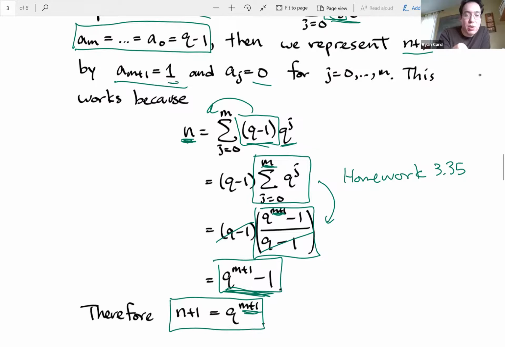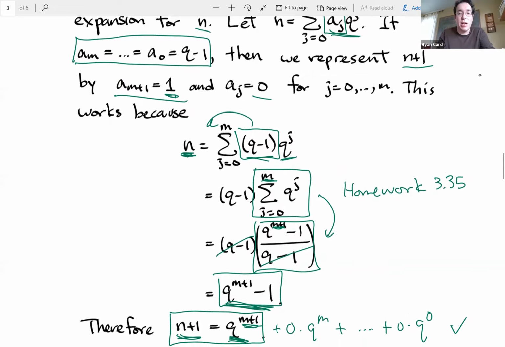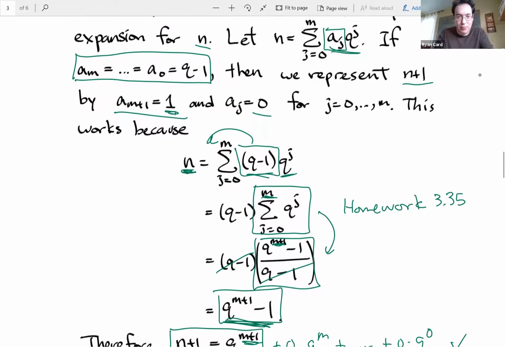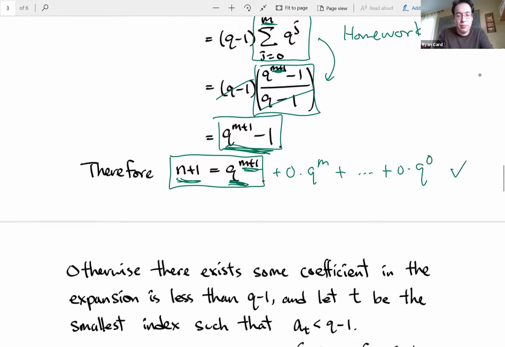We have 1 of the next power of q plus 0 times all the lower powers. So that is equal to n plus 1. So we've got it. Okay, so that was the special case where we had to carry the 1 all the way to a new digit.